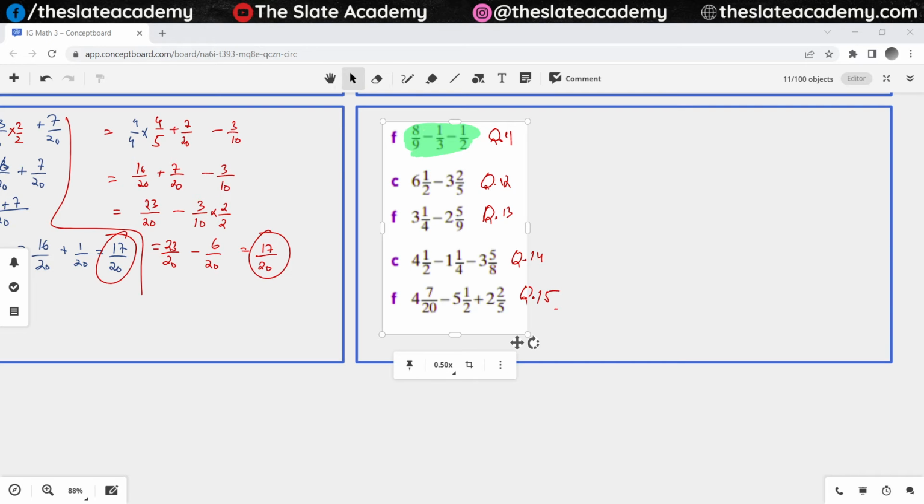1 over 8 is not correct. Anyone else? 3 over 54. 3 over 54 can be reduced further. Miss Noor?